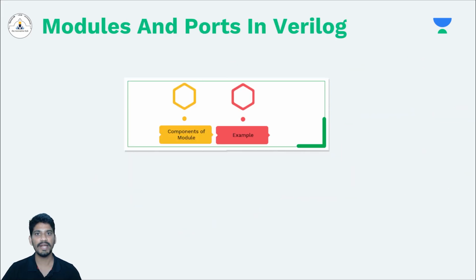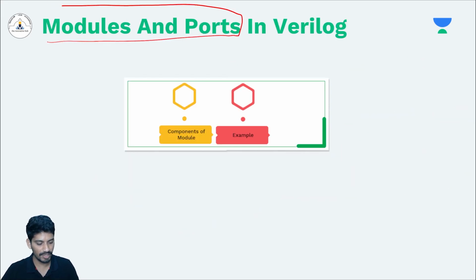Okay. Now let's see what are modules and ports in Verilog. The module and port definitions are very important in Verilog HDL because, as you know, the module is one of the basic building blocks of Verilog HDL, right? In order to define any circuit in a hardware description language, you need to define it in terms of modules.